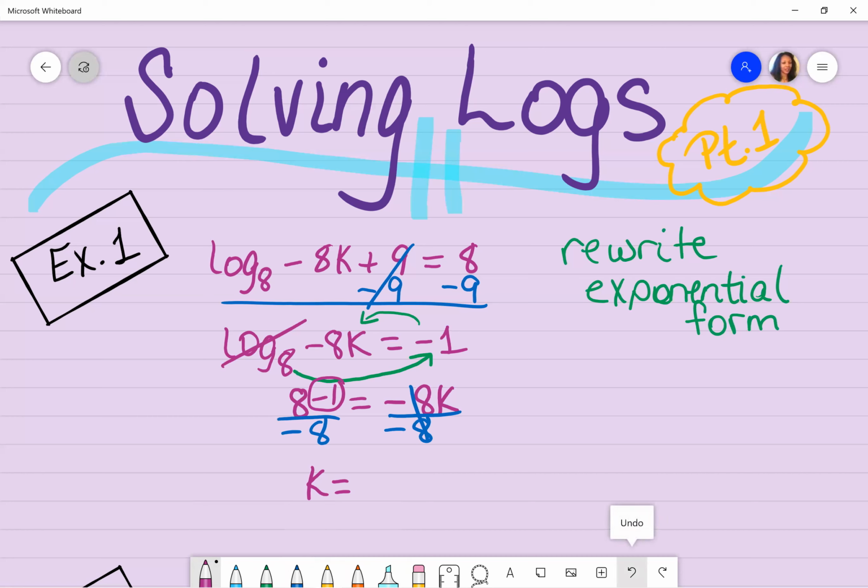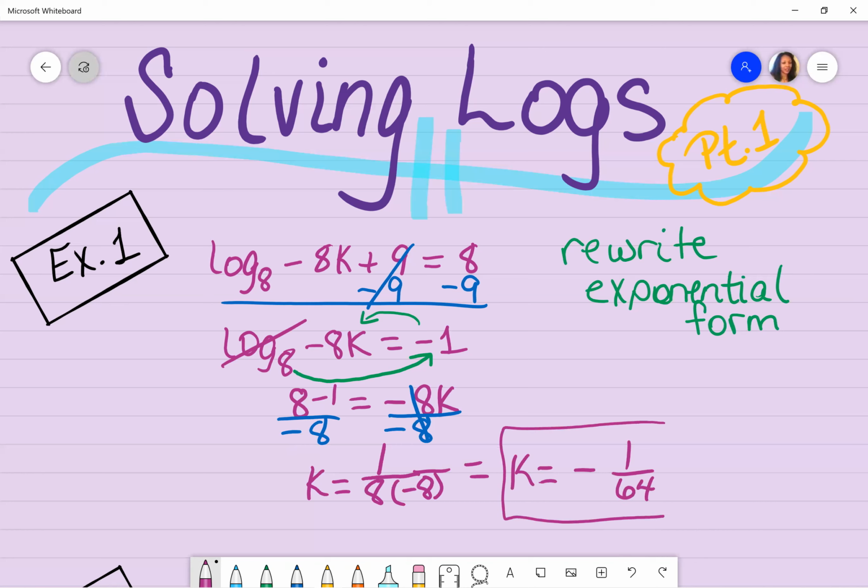If you don't, just understand that if you ever see a negative exponent, you place a 1 in your numerator and move your base down to the denominator. Moving that 8 down to the denominator, I also have that -8 already in the denominator. If I put them next to each other, that indicates that I'm going to multiply. So k is actually -1/64. That is my answer for this example.